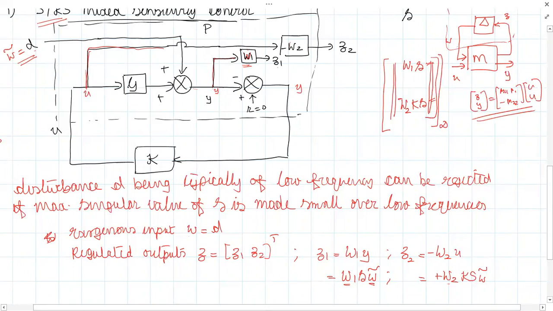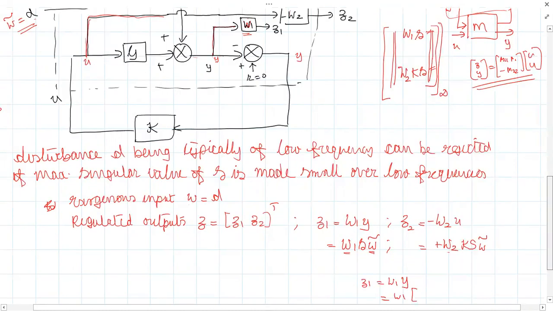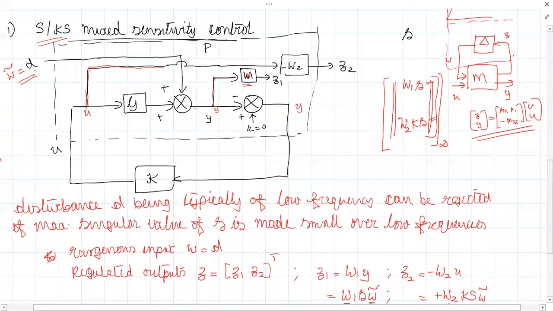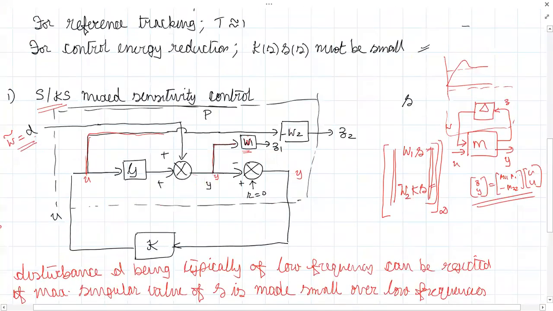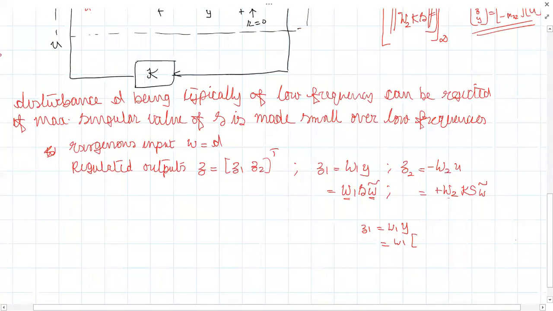So what will be Z1 in terms of these internal signals? W1 into Y. And what is Y? Y is nothing but G into U plus D. Agree? So I can write this as W1 into D plus W1 G into U. Is this clear?